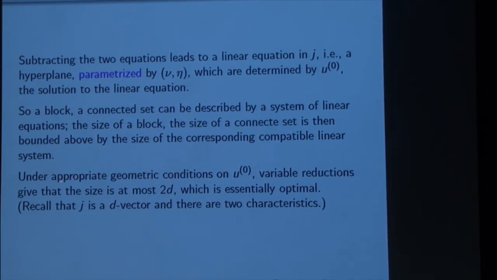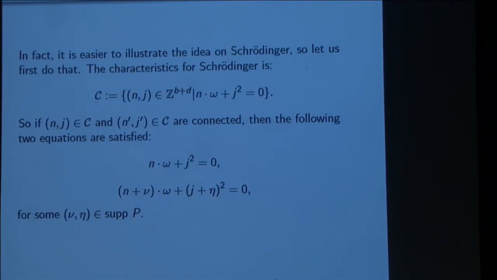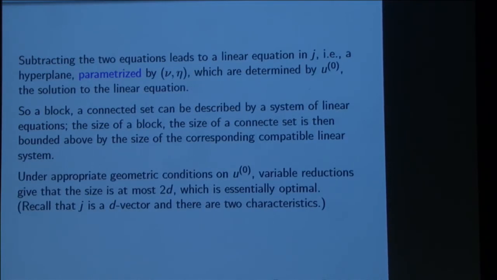Now, under appropriate geometric conditions on U0, why? Because these hyperplanes are parameterized by U0. Variable reductions give that the size is at most 2D, which is essentially optimal, because what are we doing here? We're solving for J with nu eta as parameters.